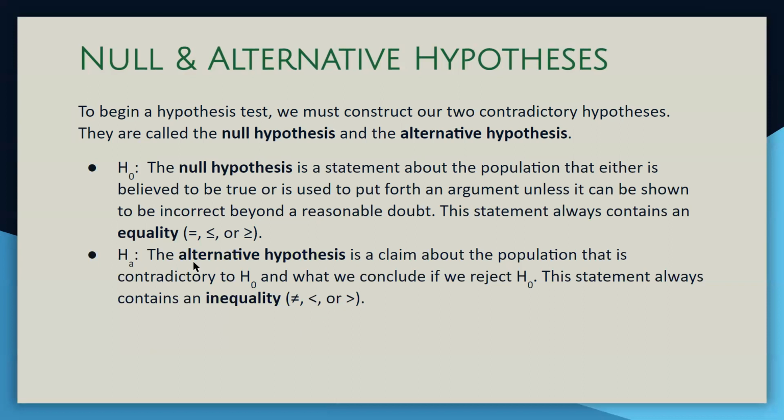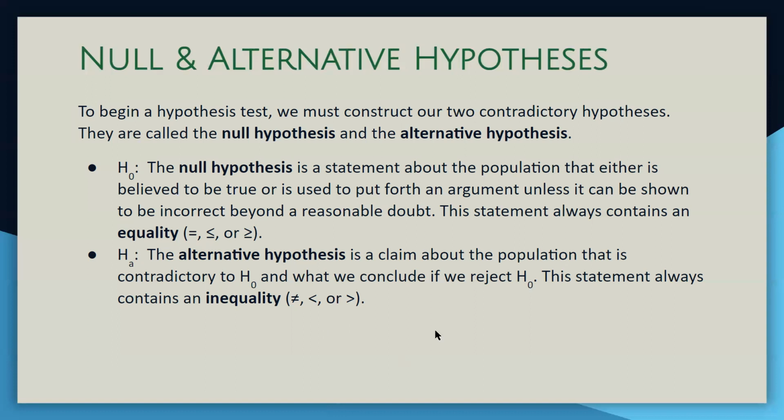The upside to the method that I and many statisticians use is that if you always use an equal sign for the null hypothesis, you don't really have to think too hard here, and the wording in the question should tell you what to do with the alternative. We're going to see lots of examples in the coming videos, so if it doesn't quite make sense yet, don't panic.